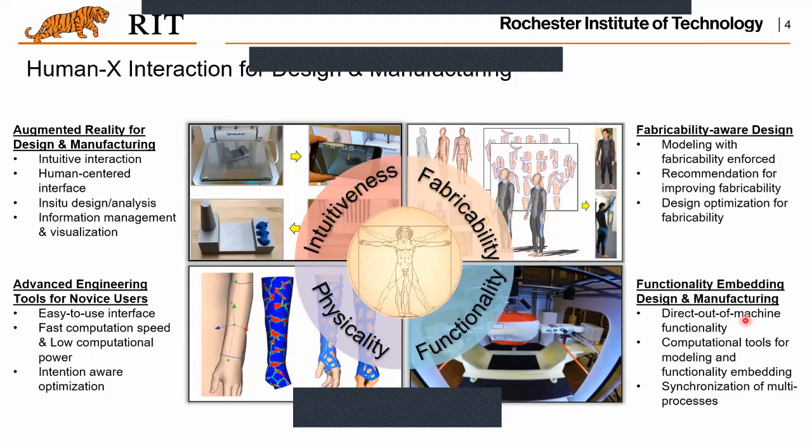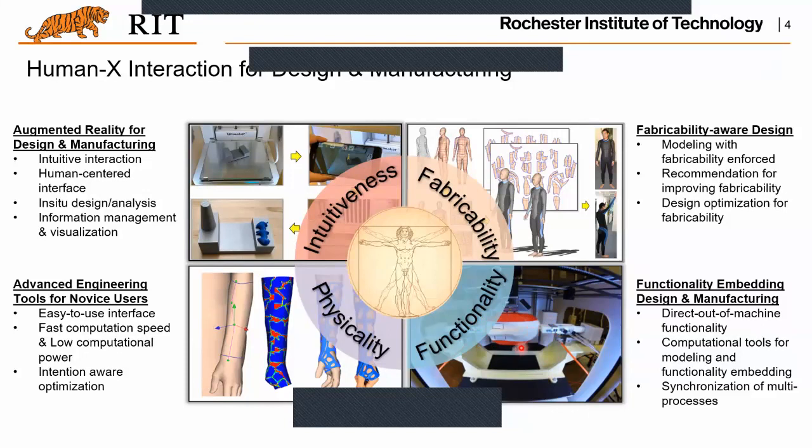And again, the functionality embedding during the 3D printing process, as you can see here. In this printer, a fully functional mouse is printed. And during the printing process, all the functional parts have been integrated into this mouse.